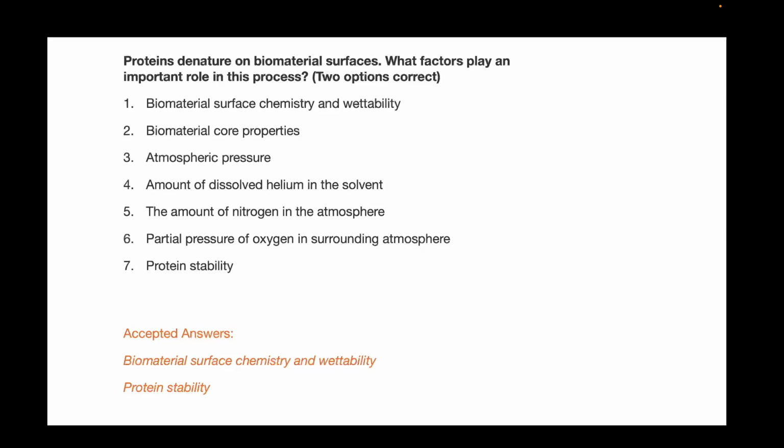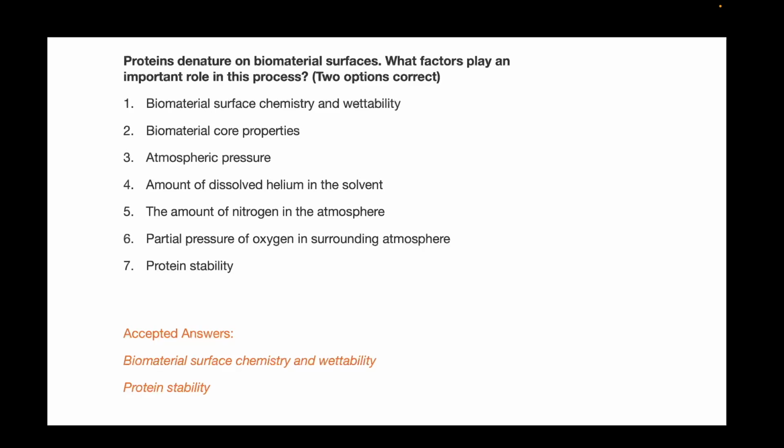Similarly, protein stability, based on charge, pH, and other factors that are involved, can affect the stability of the protein. If the native conformation of the protein is disturbed by these factors, then it will get denatured on the biomaterial surfaces.